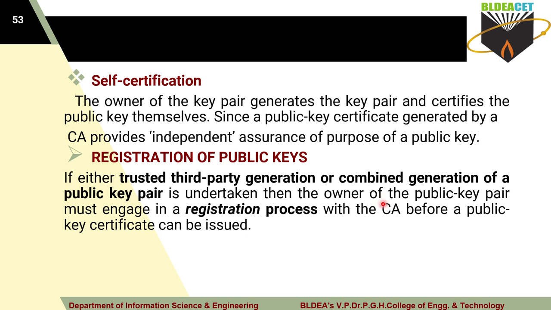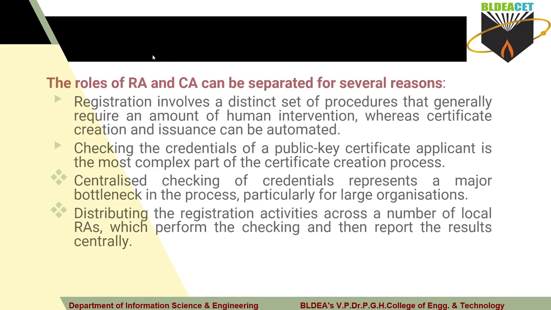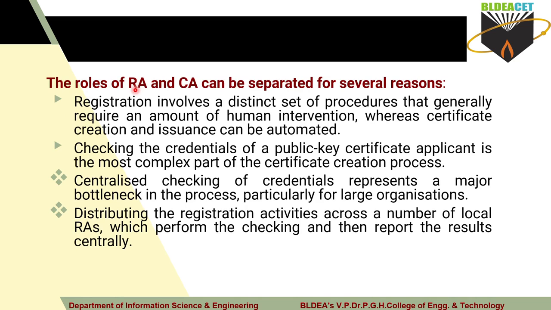Okay. So if you are getting the public key certificate from the CA, the procedure is: first you have to register. Once the registration process is completed, later you will get your public key certificate from the CA. The roles of RA and CA can be separated for several reasons. RA is for registration and CA is for issuing the certificate.